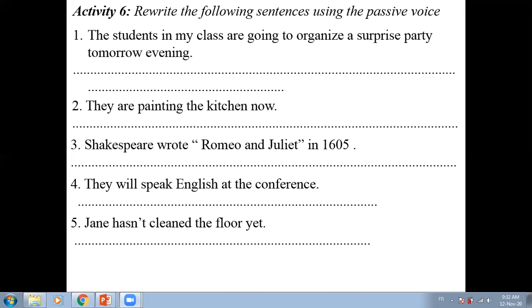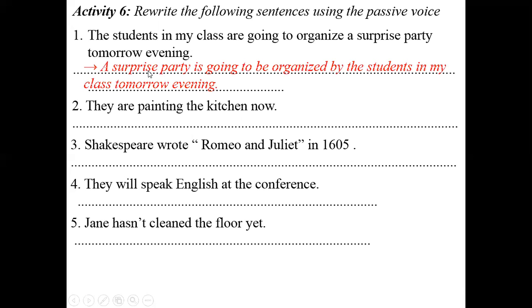So this question will become like this: a surprise party is going to be organized by the students in my class tomorrow evening. So in the sentence, you also pay attention to this.